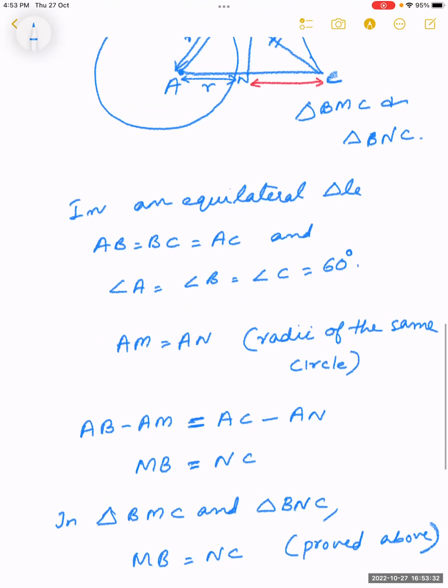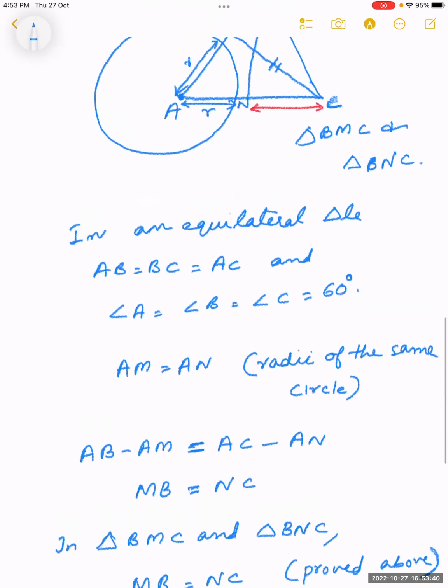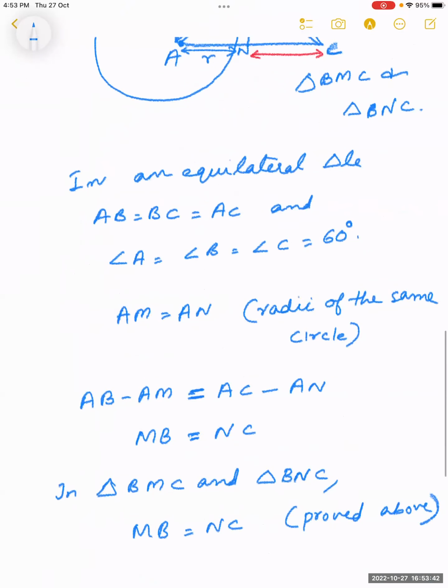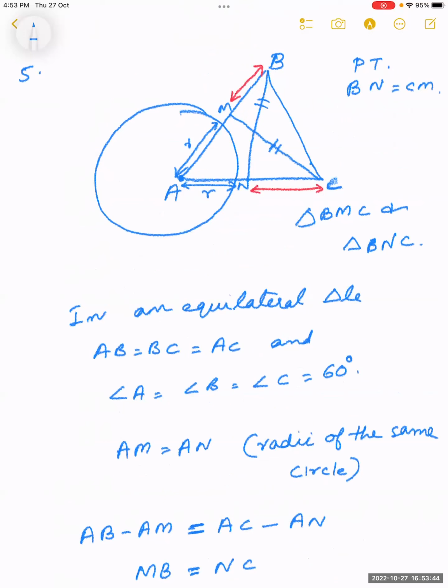So I have only one point right now. MB and NC are equal. Is there any other thing which you can get from there? Did you get this?